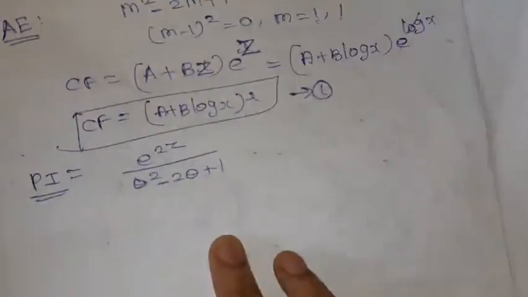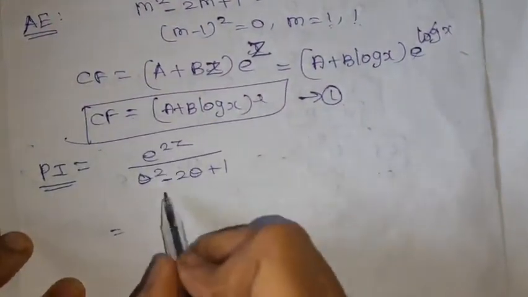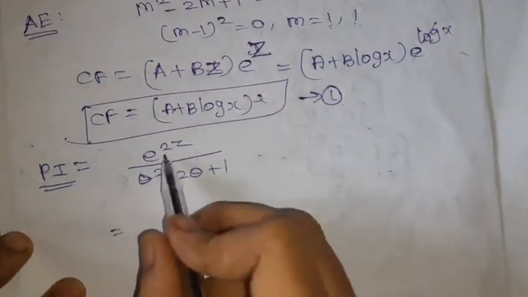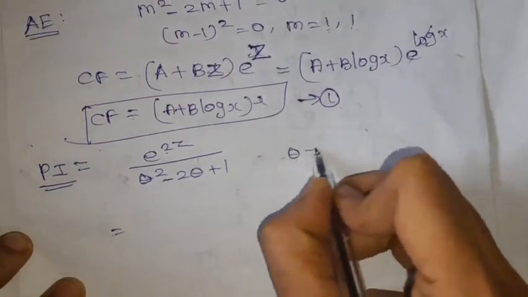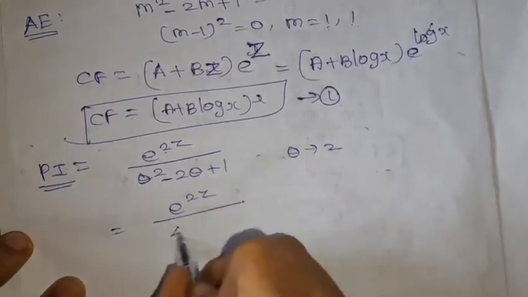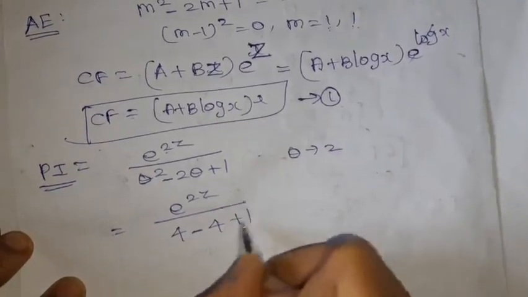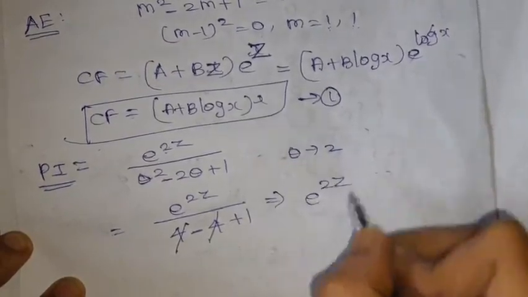So whenever exponential comes, what should we replace? Theta equal to 2. In place of theta, we should replace by 2. Then e power 2z divided by 4 minus 4 plus 1. So 4 and 4 get cancelled. So e power 2z alone. Particular integral e power 2z.